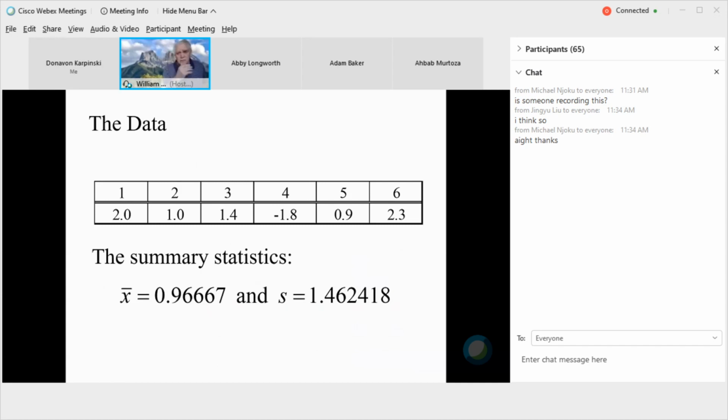There's the data. Notice that this is weight loss of 6 subjects. The one where there was a negative weight loss meant that a person gained weight. The average is positive, it's 0.9667. The standard deviation of those 6 measurements is 1.46241.